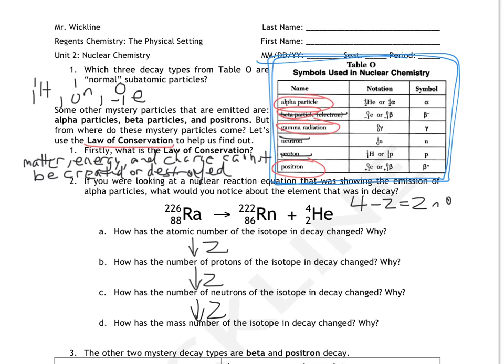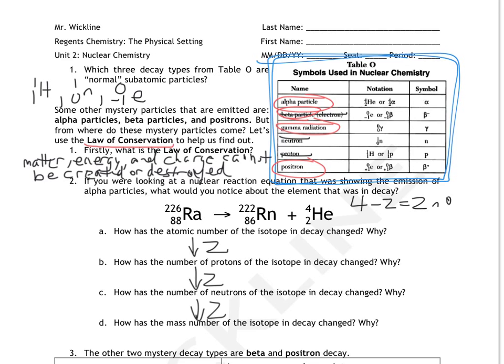But the other way to think about that one is to just think that if you're going from 226 to 222, that's a drop of 4 mass particles. And you know that 2 of those 4 mass particles are protons because you see 88 to 86. So that's 2 protons that are lost, and that would be included in the mass. So the 4 masses that were lost, if 2 of them are protons, then that means 2 of them must be neutrons.